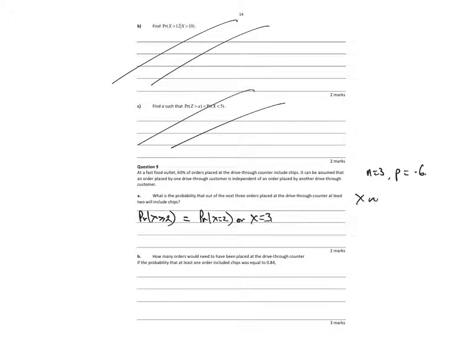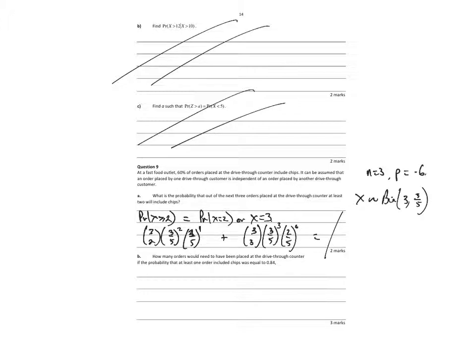Since x is distributed binomially with 3 trials, instead of 0.6, I'm going to put 3/5. So we have 3 trials, 2 successes: 3/5 to the 2 times 2/5 to the 1, plus 3 successes: 3/5 to the 3, 2/5 to the 0.